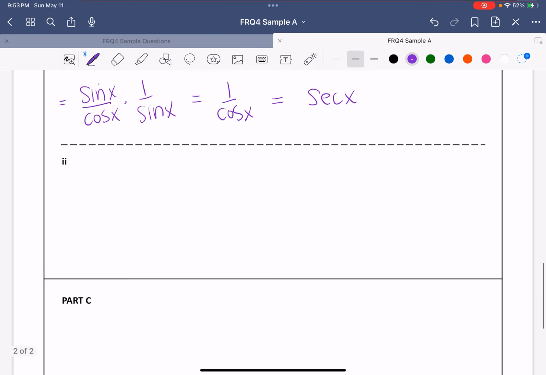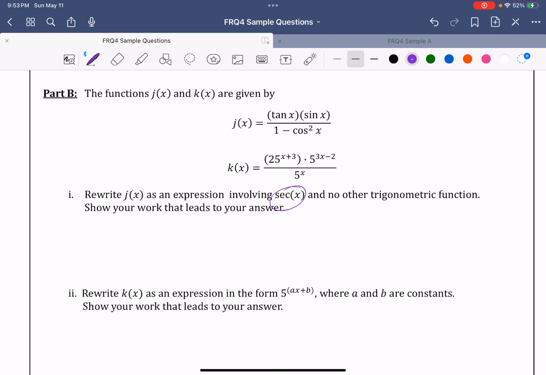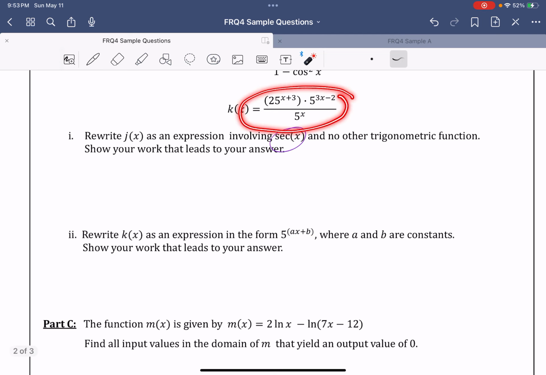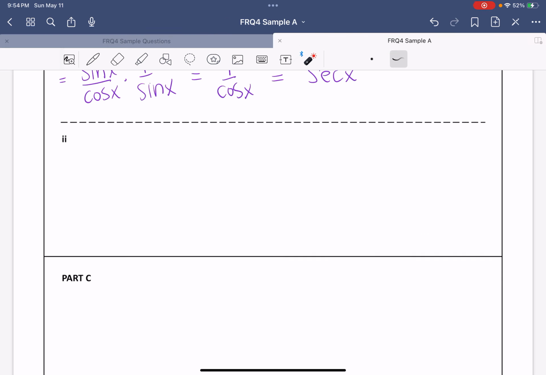Okay, part B2, it's also one of those where they want us to rewrite our expression, but they want it in the form of a to the ax plus b power, where a and b are constants. So I need to get this equation and make sure that everything has a base of 5. So I'm going to rewrite this, and then we'll start simplifying. So this is part 2.